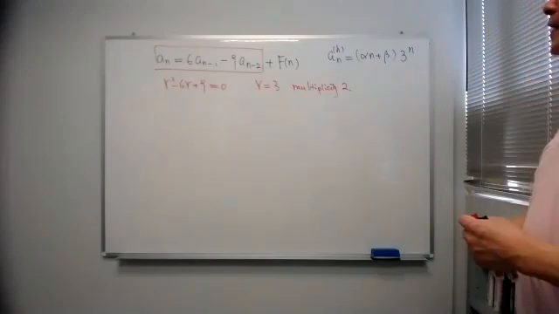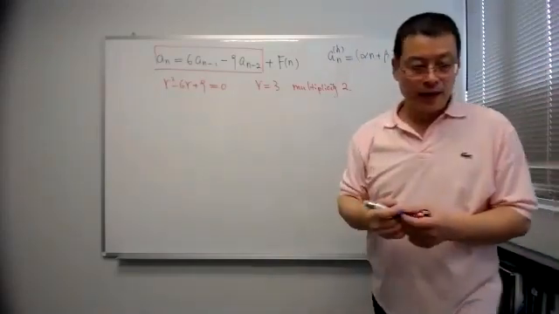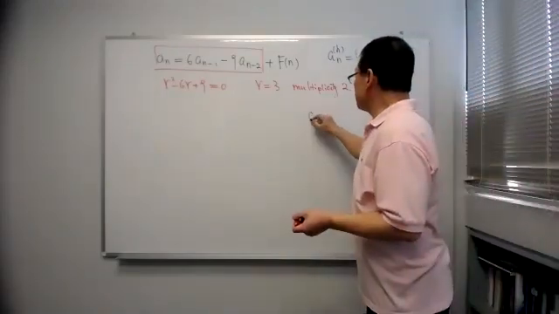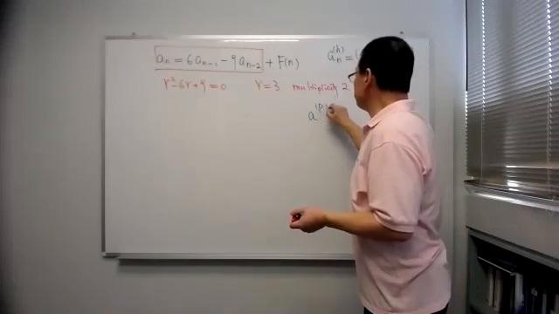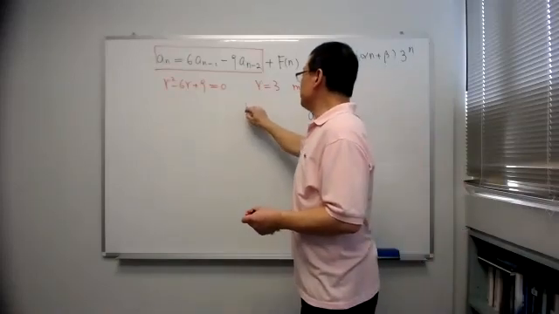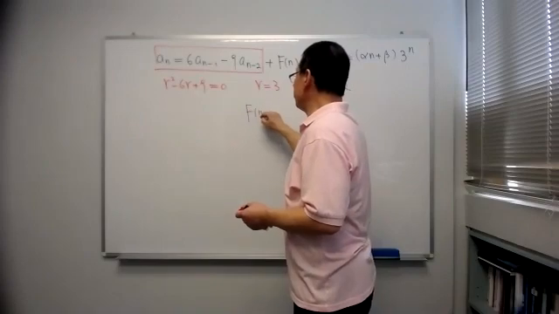Now for the particular solution of this one, we're looking for a particular solution, and that depends on the form of f of n.